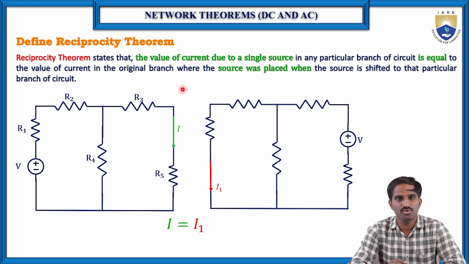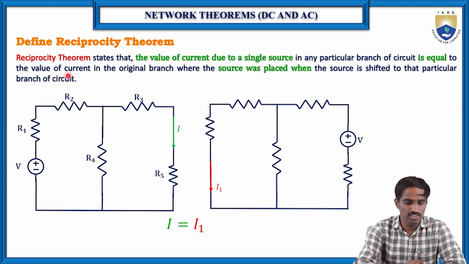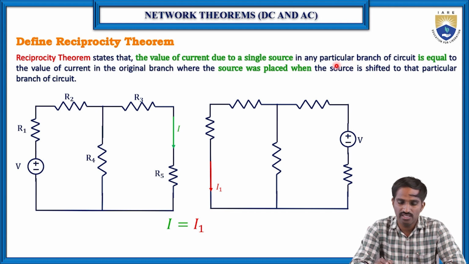According to the reciprocity theorem, the value of the current due to a single source in any particular branch, let us consider this V connected to this particular branch of the circuit, is equal to the value of the current in the original branch where the source was replaced. So let us consider R5.